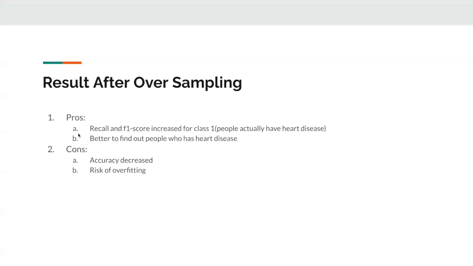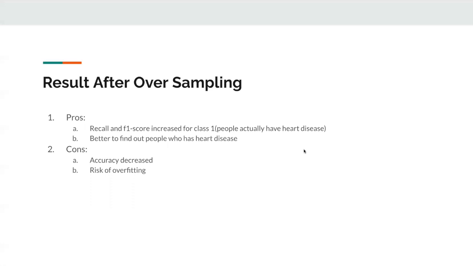So that's the second pro of the oversampling: better finding out people who have heart disease. But there are some cons, like the accuracy will decrease, and by doing oversampling, there is some risk of overfitting to the minority class.